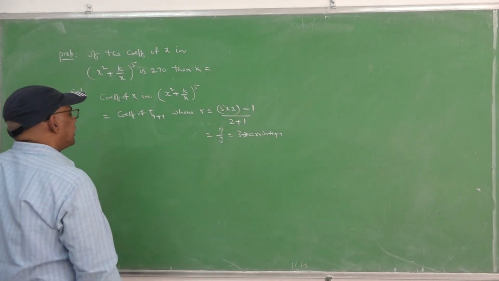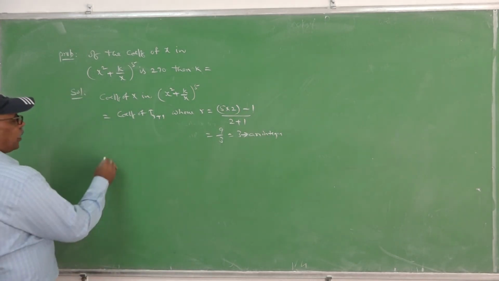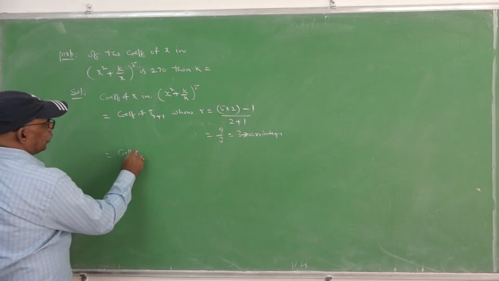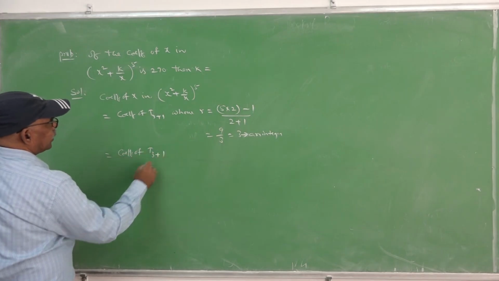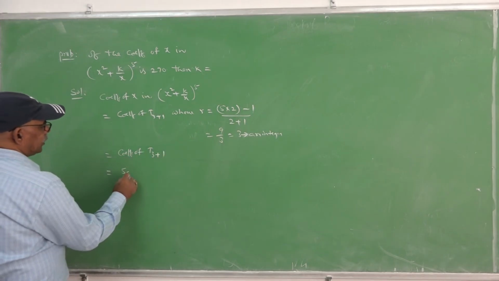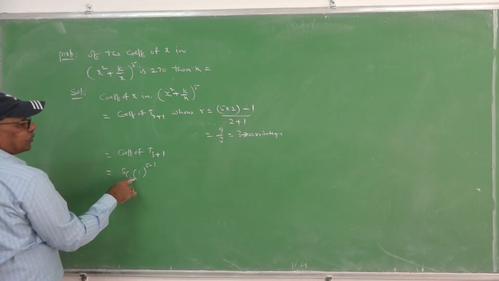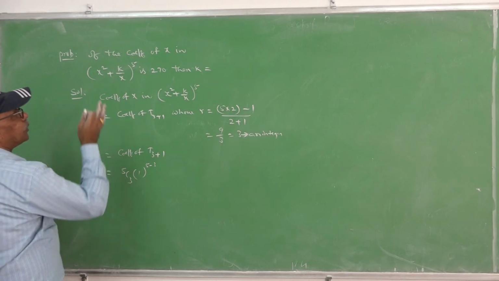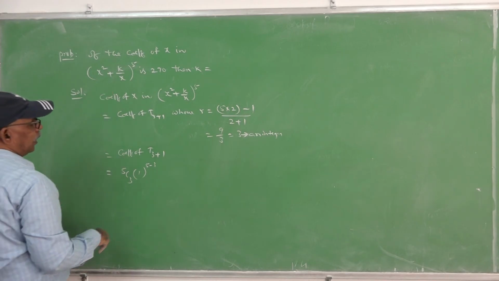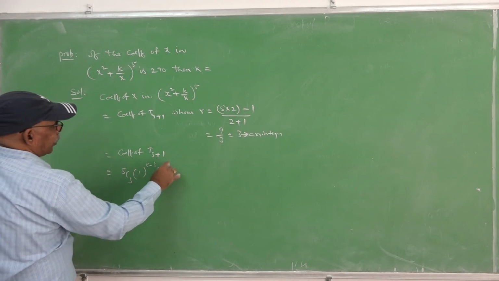Once it is an integer, you can find the coefficient, that is coefficient of T3 plus 1, which is nothing but 5C3, 1 power 5 minus 3, because x square coefficient is 1. No need of variable values, only coefficient here. And k cube.